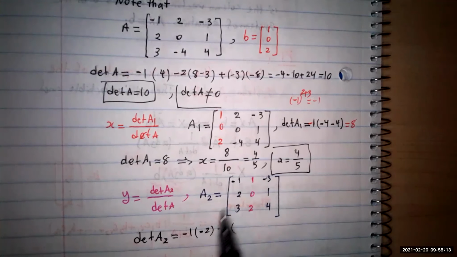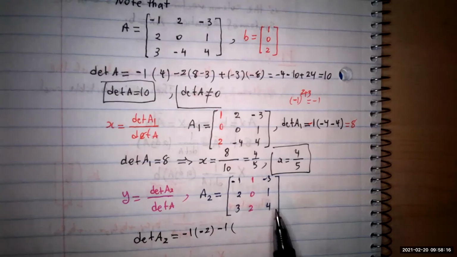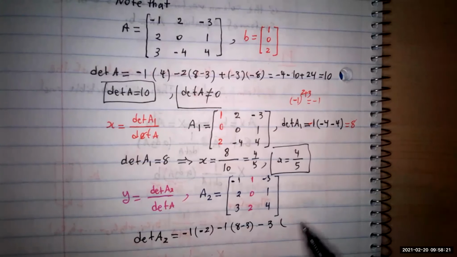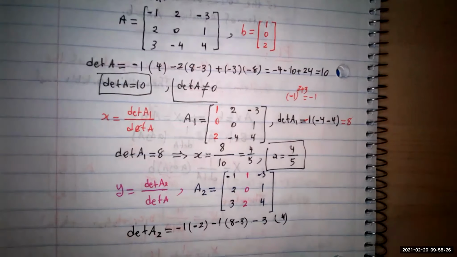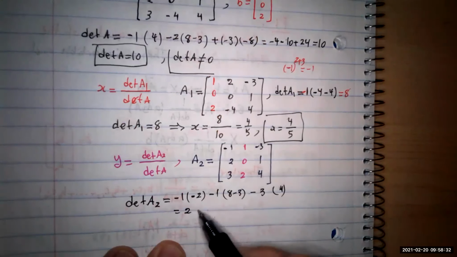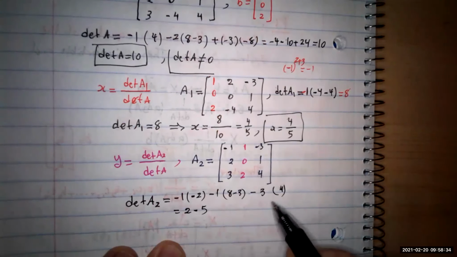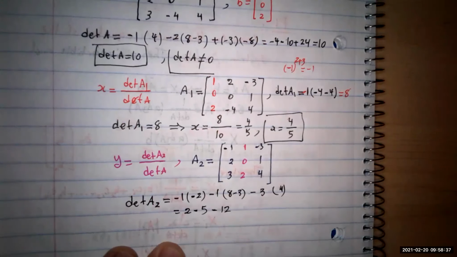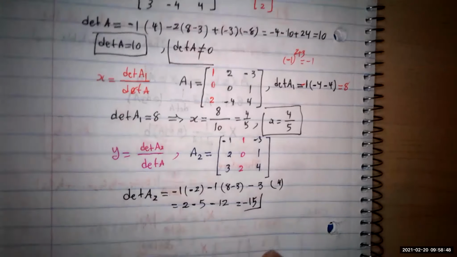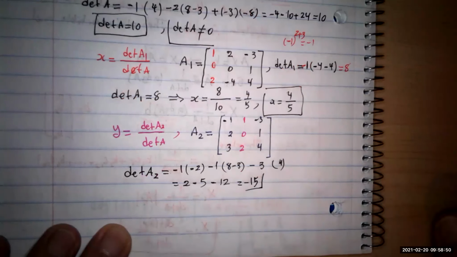So I do the second one. So I have 2 times 4, which is 8 minus 3. Then I get the -3, the first row. So that gave me 4. We simplify it, that gives us a 2. And this is going to be -5. And this would be -12. We put them together. In this case, that gives us -3, -15. So we are ready to get the y.